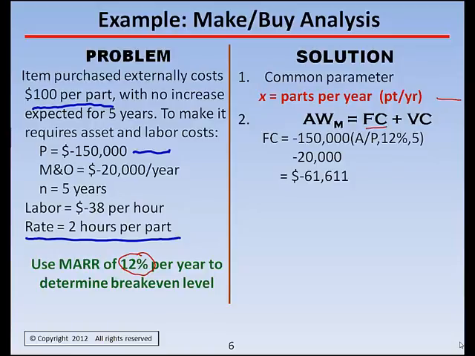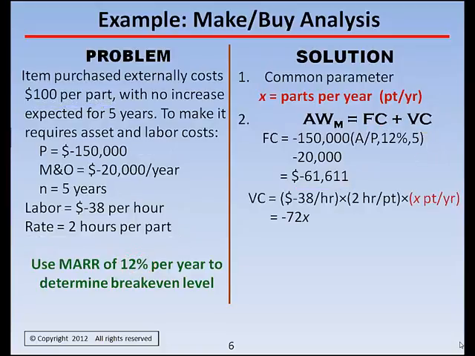The fixed cost component is the AW value of the $150,000 first cost plus the annual maintenance and operating costs. At 12% per year, the make option is minus $61,611 per year. The other part of the AW sub make relation is the variable cost.